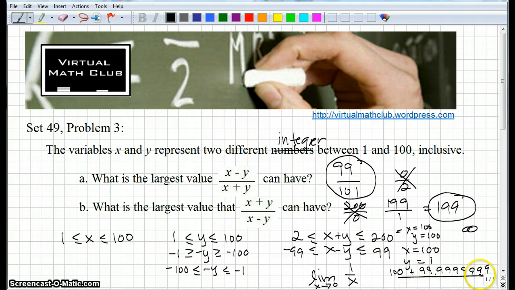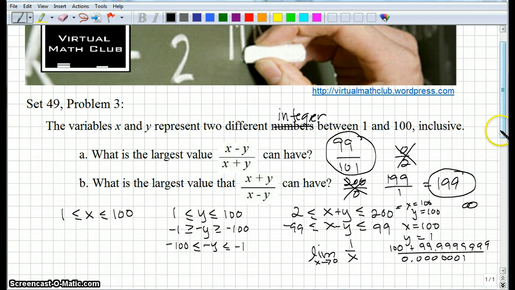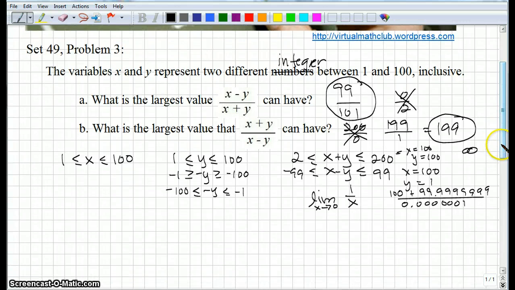Okay, and then x minus y would be 0.000, how many do I have here? 0.0000001, right? That would be your x minus y. Now that's going to be bigger than 199. But I probably should have said integer here. That's an interesting thought experiment, right? You're always told that you can't divide by 0, but what happens if you sneak up on 0?